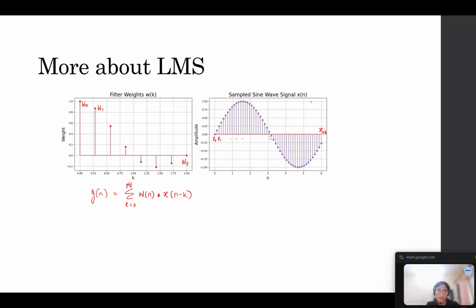So what we do is flip this signal and shift it using a sliding window over this signal.